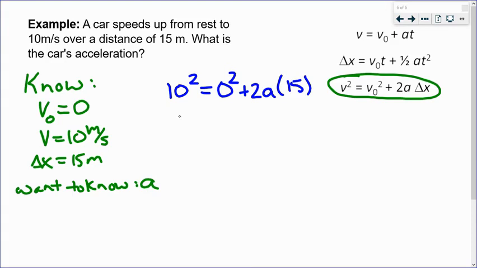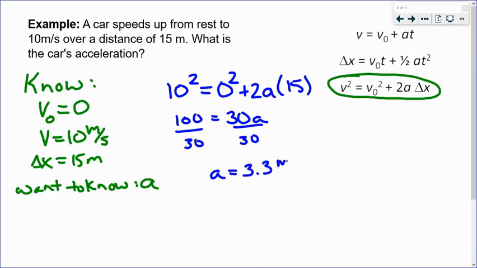We're solving this for a. 10 squared is 100. 0 squared is 0. So I'm left with this term. 2 times 15 is 30. Okay. I divide both sides by 30. And we end up with a is equal to 3.3 meters per second squared.